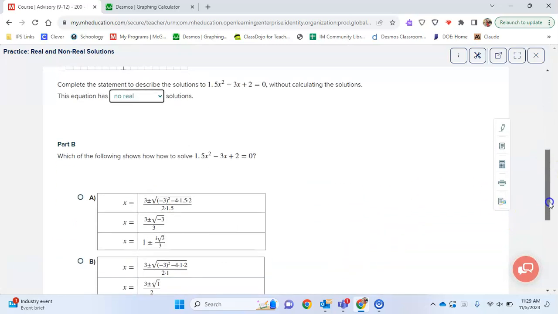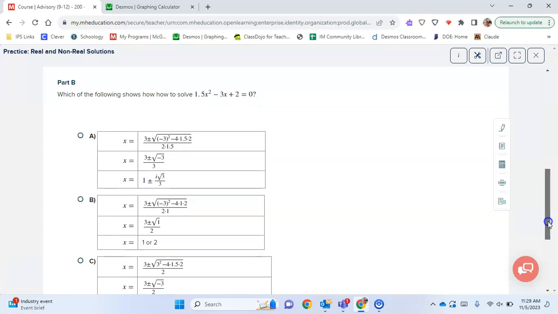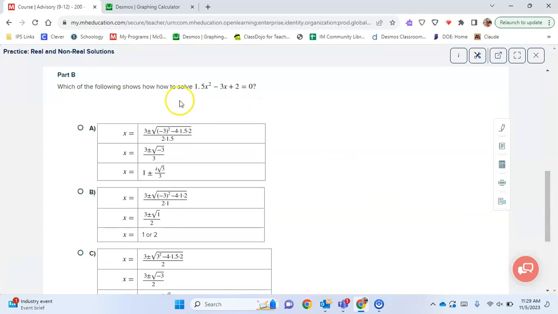How do you find the non-real solutions? Well, you would need the quadratic formula. The quadratic formula has you identify A, B, and C. In this case, A is 1.5, B is negative 3, and C is 2. The quadratic formula begins with the opposite of B, which is 3, plus or minus. That means there's two answers.